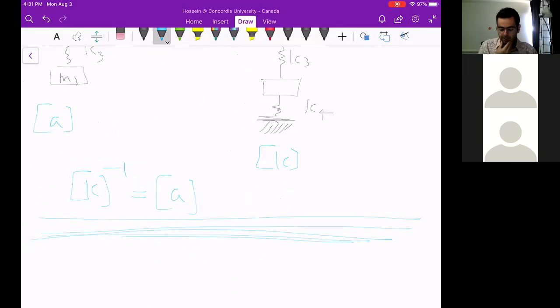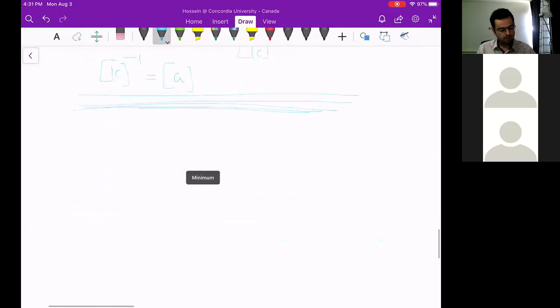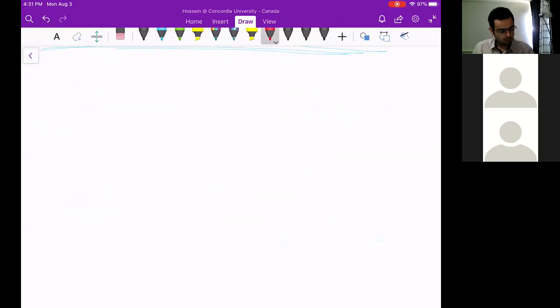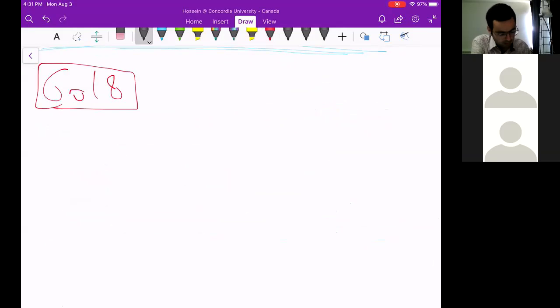So let me describe how to simply determine the flexibility matrix. Let's focus on question 6.18. We are supposed to find the flexibility matrix. There is a stiffness K1, M1, K2, M2, K3, M3.